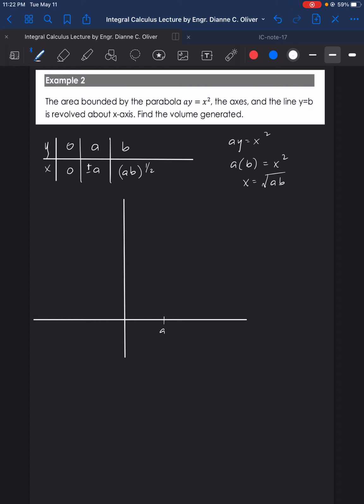So let's say this is a, negative a, 2a. Then this is a, then 2a. So we have here the point now. If we use 2a, we have positive or negative 1.41a.